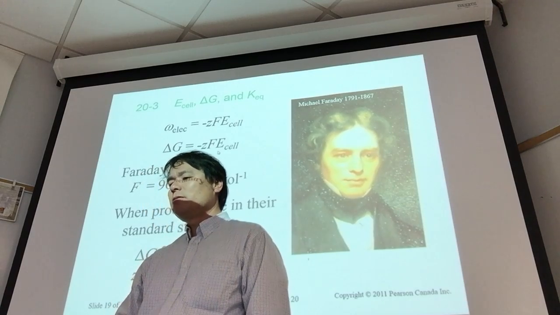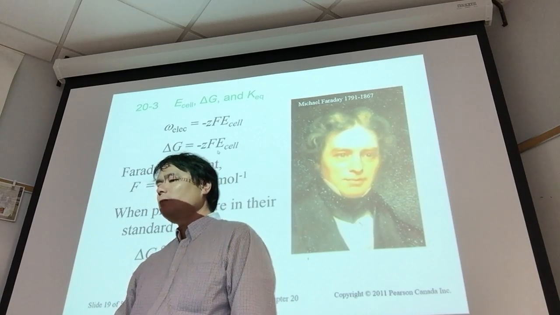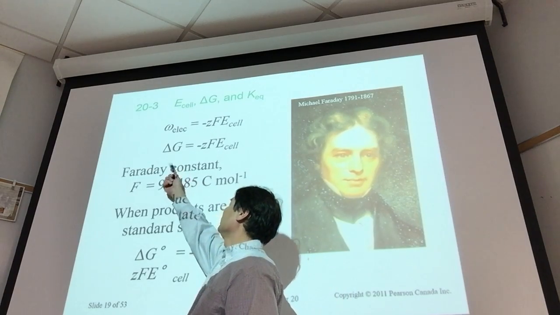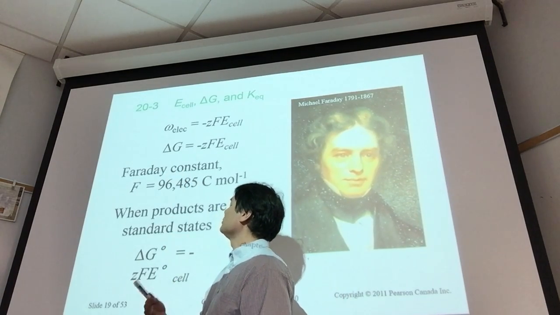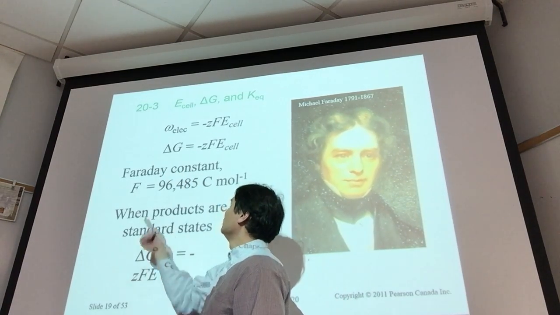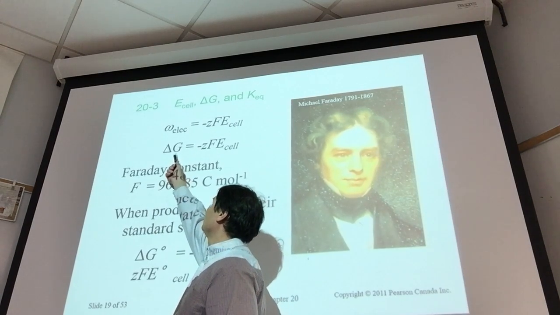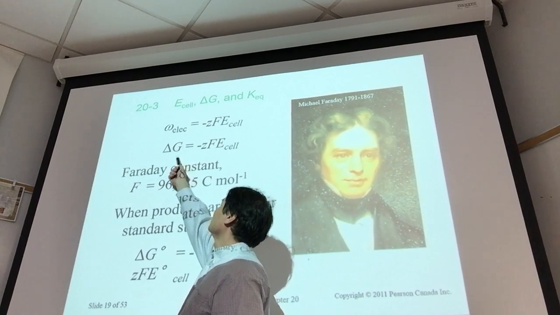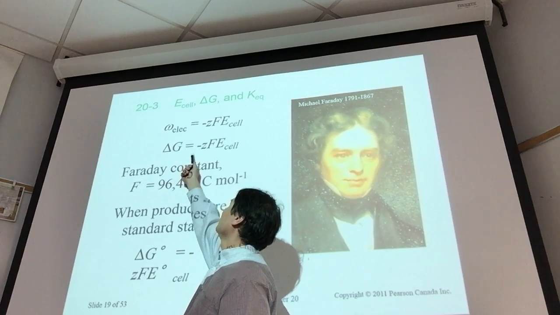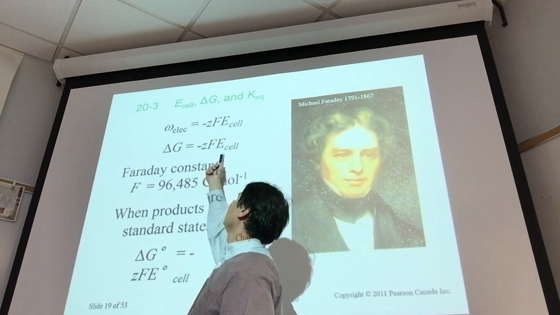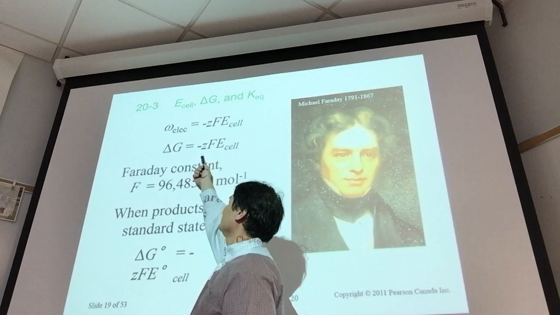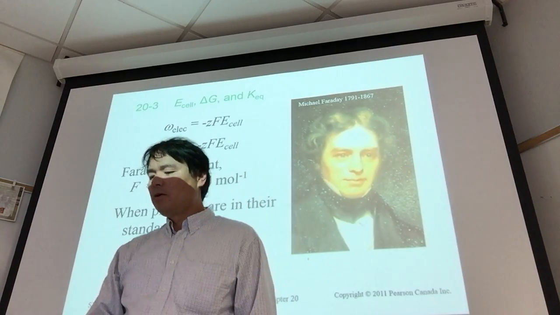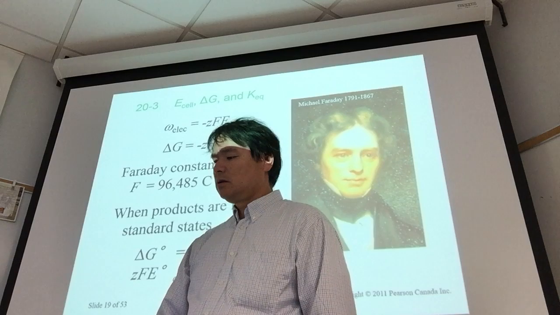All right, and so the work: delta G is the free energy, and the free energy is the total amount of energy available to do work. So we can equate the electrical work that's done to delta G. Delta G is going to be equal to minus ZFE of the cell, where Z, a lot of people use N instead of Z, N just stands for the number of moles of electrons.